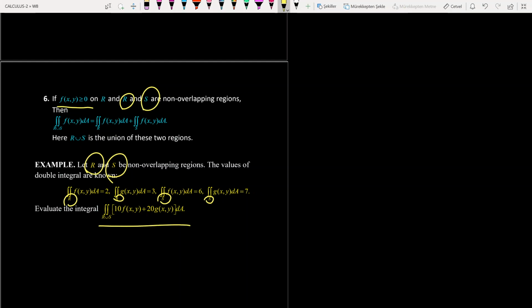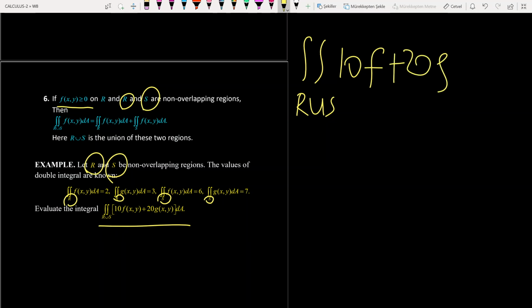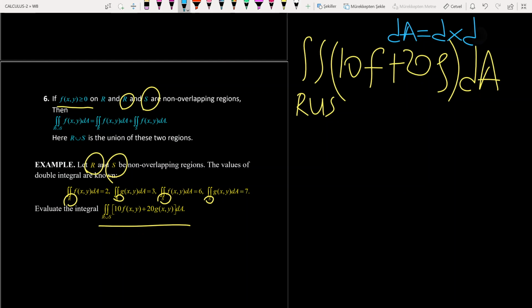Let me quickly solve the question. So the double integral on the union of 10 times f plus 20 times g, of course dA also means, I will introduce all these notations later, but let me write dx dy or dy dx.